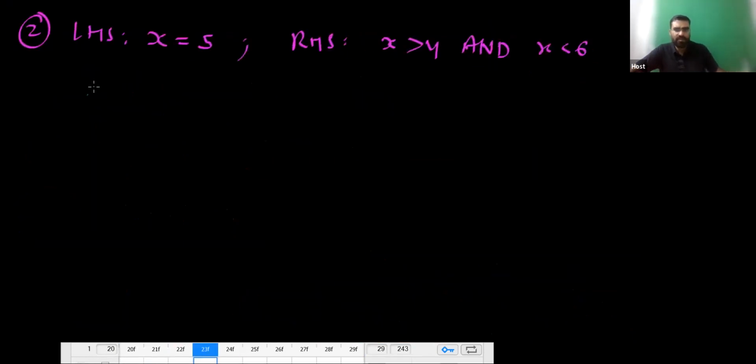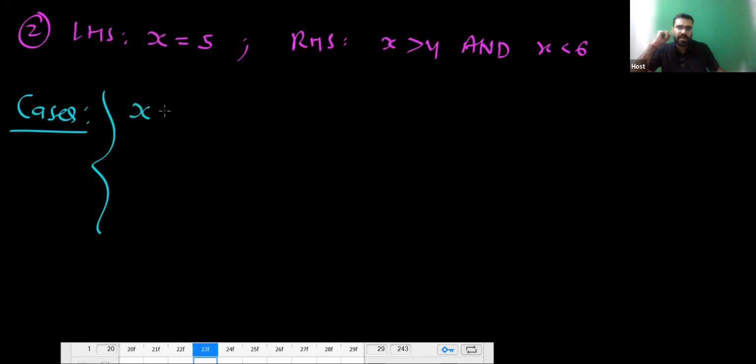Now, for this question, what will happen? Verbally, if X is 5, then both will be true. Actually there are three cases: one case where X is 5, one where X is not 5, and one where X is null.